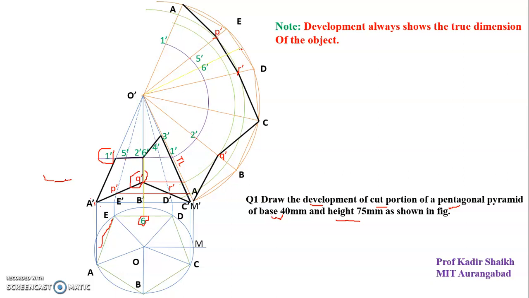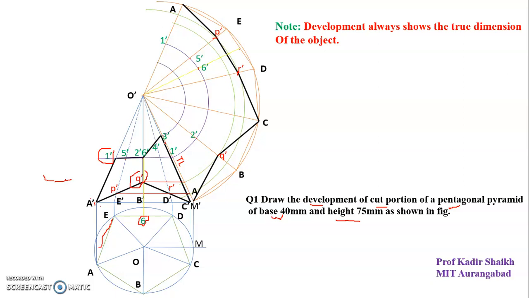This line will be the line on which the 6 dash will lie. So 6 dash, again same projector purple color, and it is cutting this yellow slant height here at point 6 dash. So we have located 1, 5, 6, 2, all cutting points. Now locate the cutting point 4 dash, which is on DO.